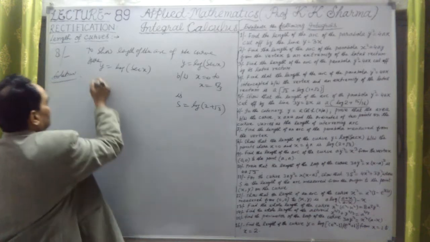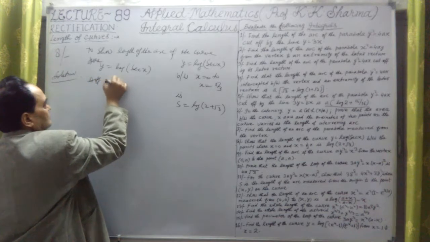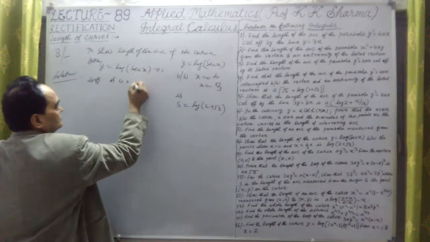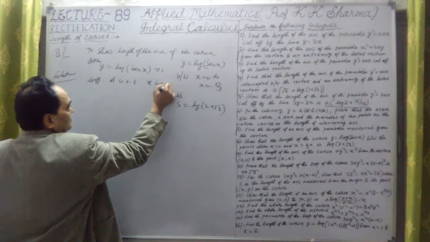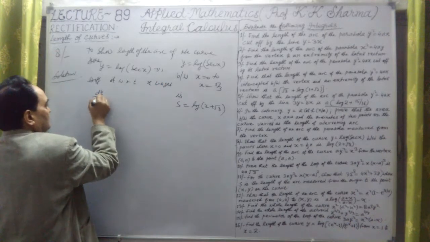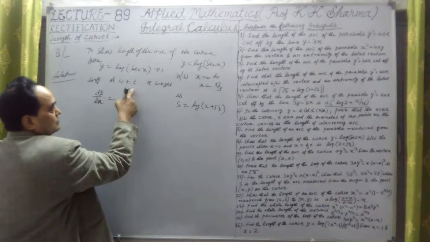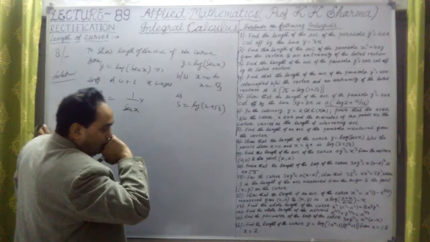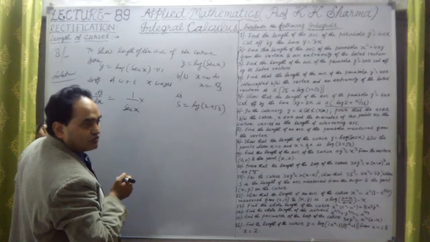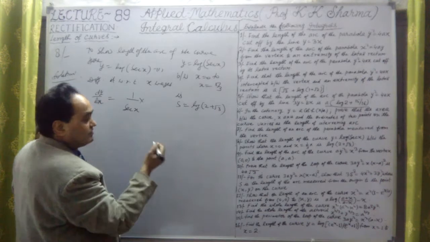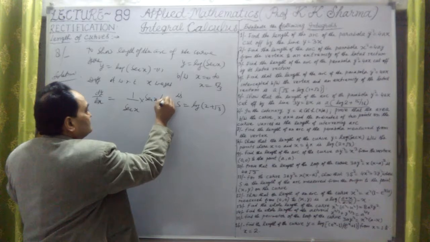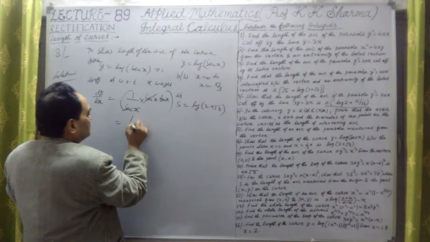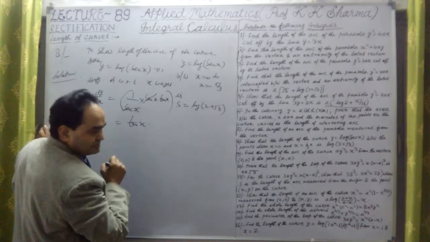Differentiating the first equation with respect to x, we get dy/dx is equal to, this is log of secant x, so 1 upon secant x into the differentiation of secant x, which is secant x into tan x by the function of a function method. Secant x cancels out, so this is nothing but tan x.